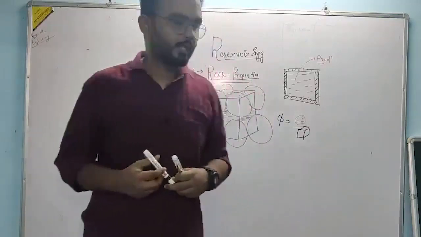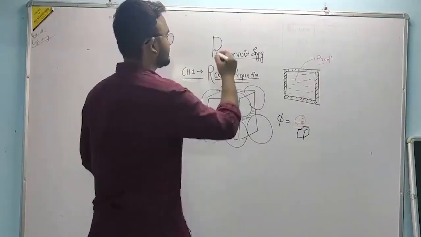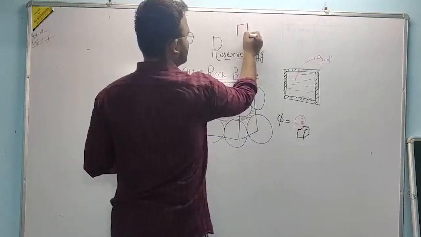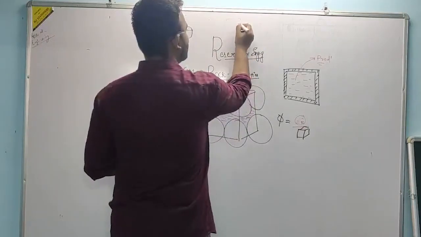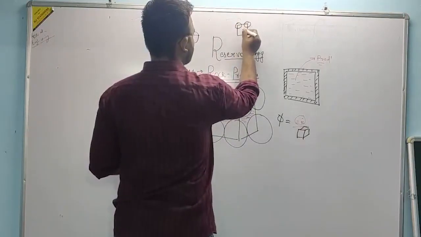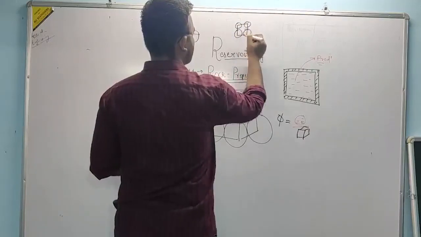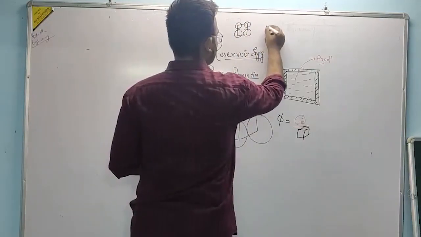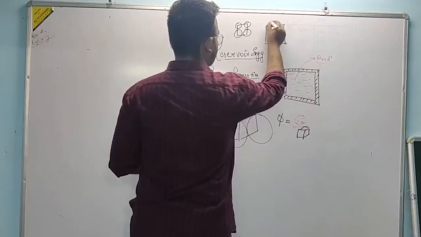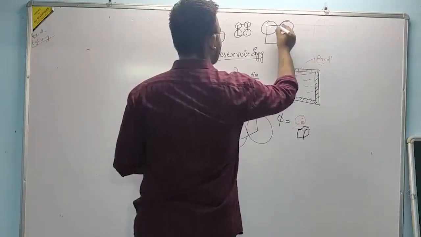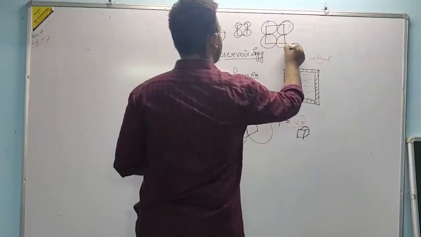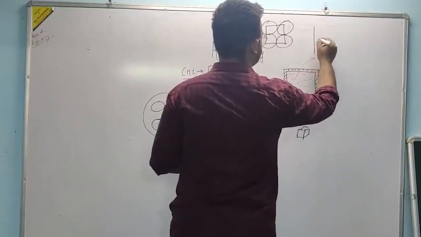If you want me to draw a diagram, I will do it for you. For example, this is what I'm talking about, just looking at it from the front, okay? So this is case 1, this is case 2, and this is case 3.